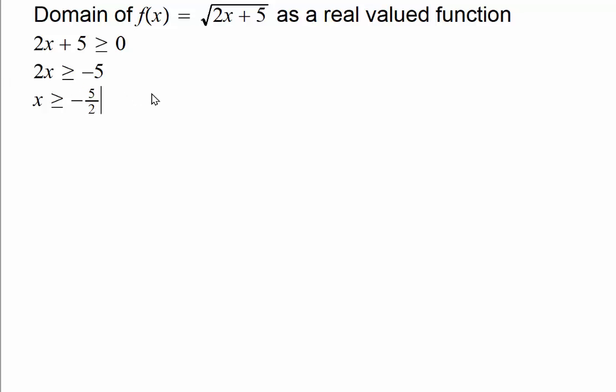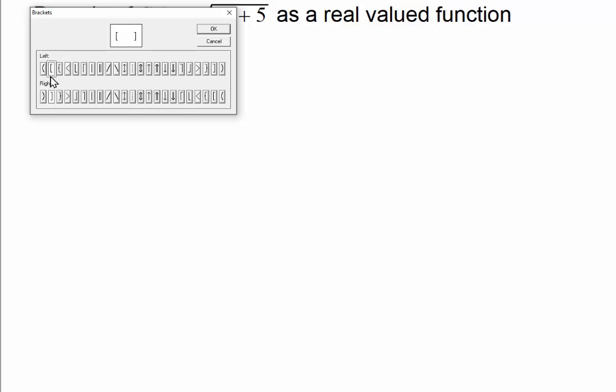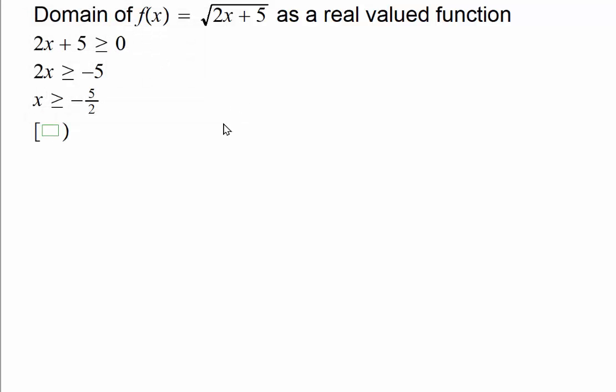So what is the domain of this function? The domain of this function is going to be simply negative 5 over 2 to infinity.